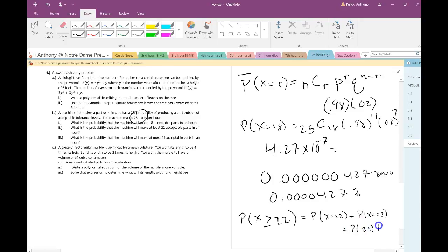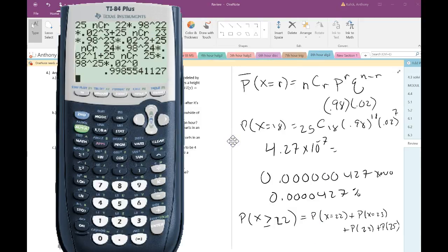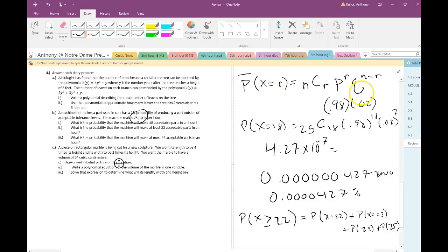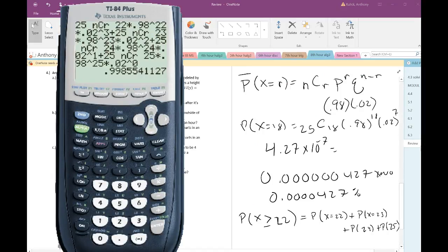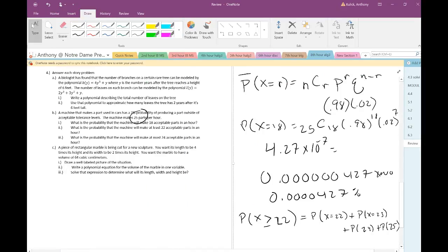So those are all the values that are at least 22. So to do that, I will just do each one of those and add them up. So I'll go to my calculator straight away and type that in. When I typed each one of those in, again, typing them in the same way I did up here, I get that that probability is 99.9%. Jeepers creepers, that's a pretty good process.